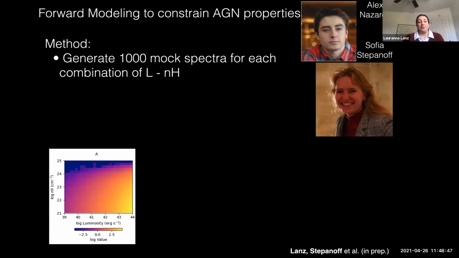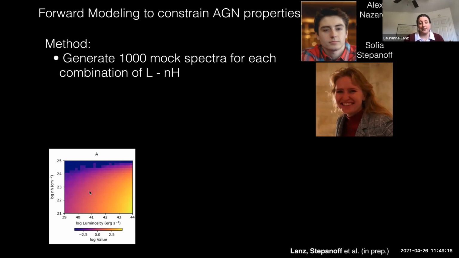So how do we actually do this? Well, for each of 546 different models, so that's each of the little squares in this image, giving you an idea of how we're subdividing our range of luminosities and our range of obscurations. In each of those squares, we generate 1,000 different mock spectra to take into account the fact that in a given observation, you might have 300 or 330 or 2 or 3 counts.